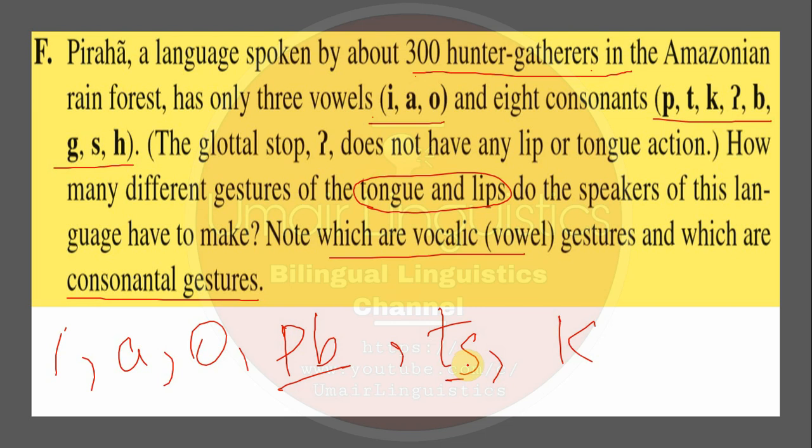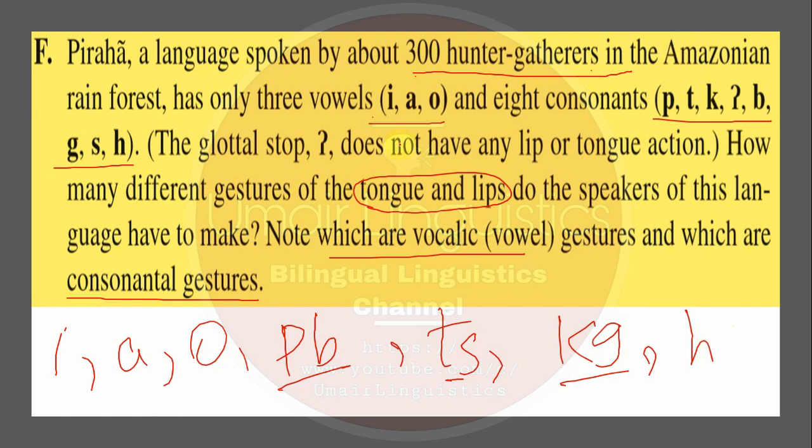Then k, but we also have g, and k and g both are velar sounds. So once again they are pronounced from the same position. And h has a different position, and we don't have to include glottal stop. So 1, 2, 3, 4, 5, 6 and 7.